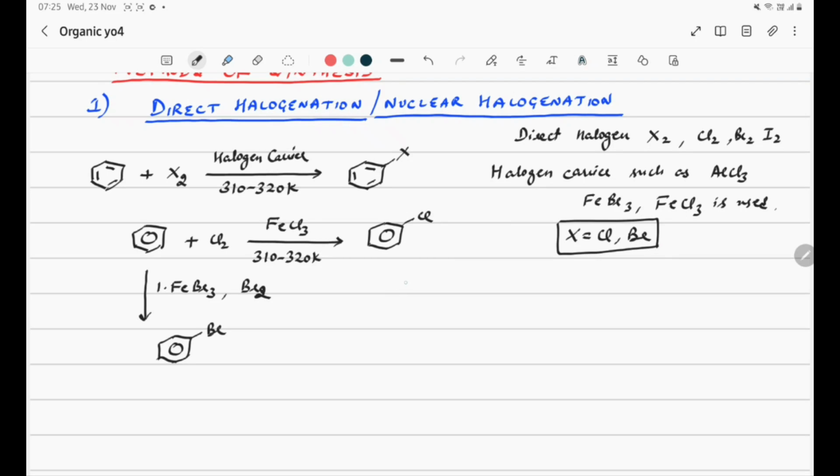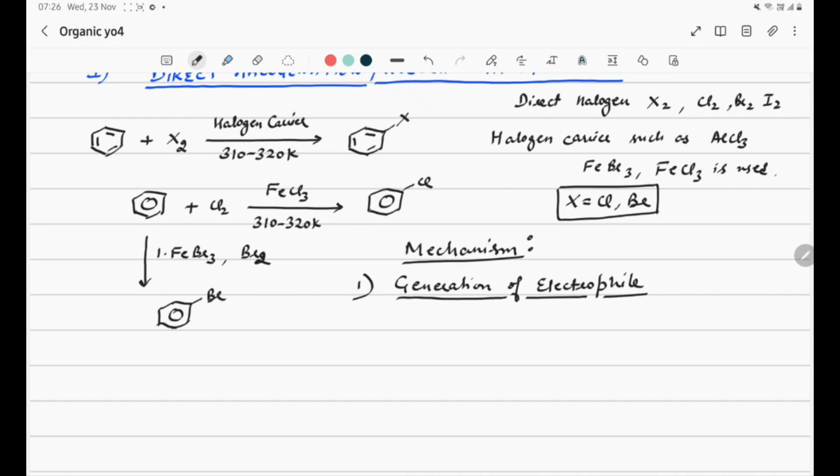So moving on to the mechanism of this reaction. What is the mechanism by which halogen is being added to the aromatic ring? Since aromatic compounds are electron rich, we must have an electrophile to react with them.